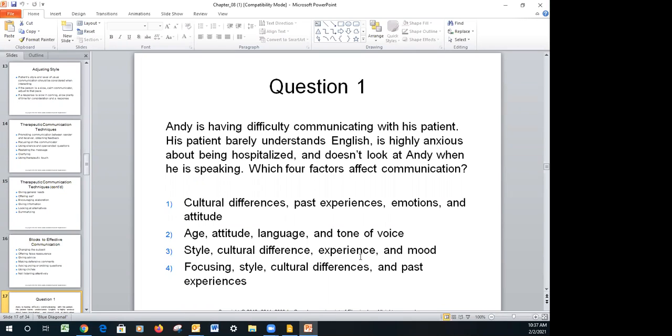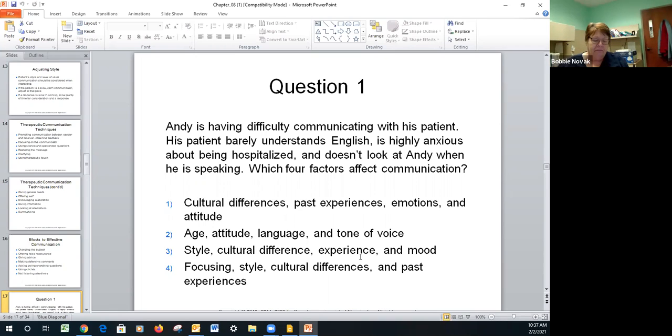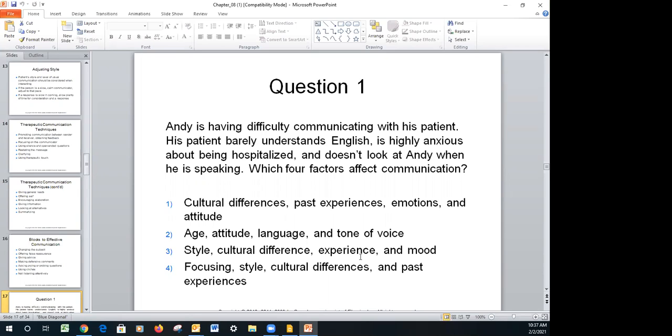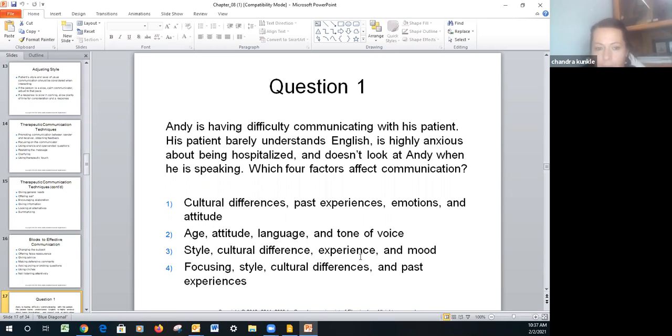He's probably highly anxious about being hospitalized, which is probably like past experience. Mm-hmm. And he's not looking at him when he's speaking. So that's probably like his emotions, and he's probably feeling down or frustrated. He's frustrated, yes. So yes, that's very good.